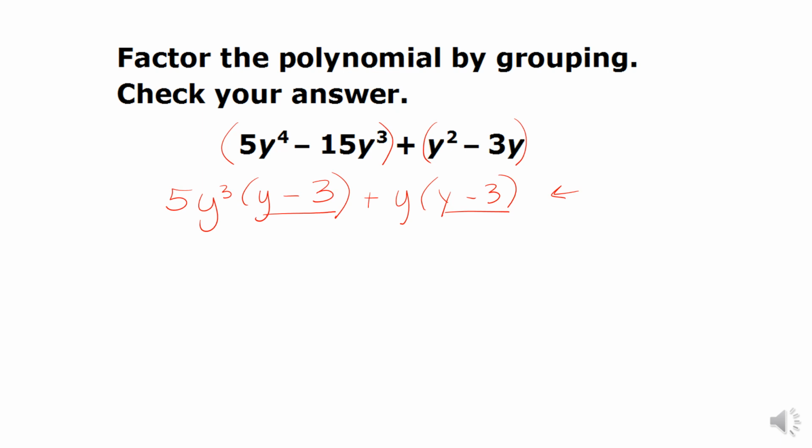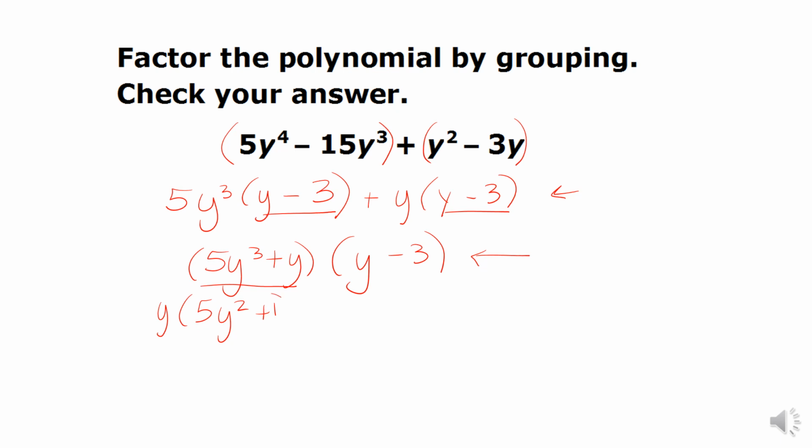So now I'm going to group them together. 5y cubed plus y, and then I put my common binomial factor at the end. Remember, it doesn't matter which order these are in, but I noticed as I was working that this one has something else that can be factored. So I'm going to factor out a y, and I get y times 5y squared plus 1 times y minus 3.